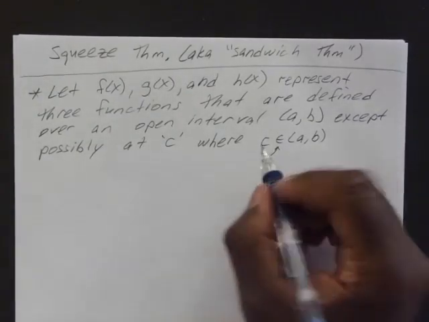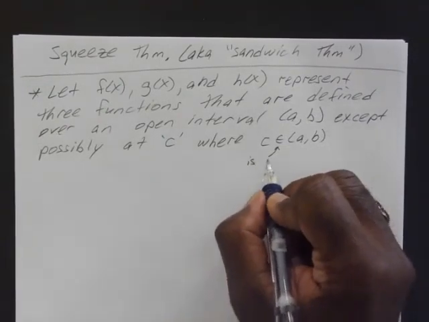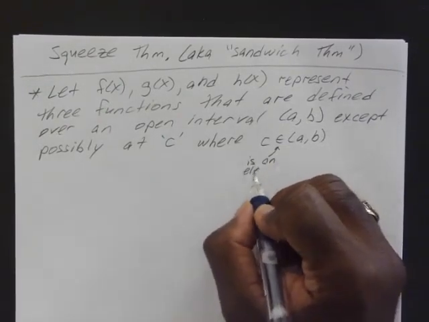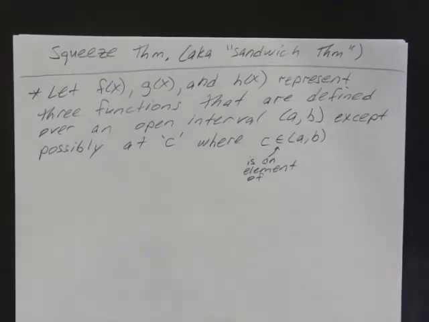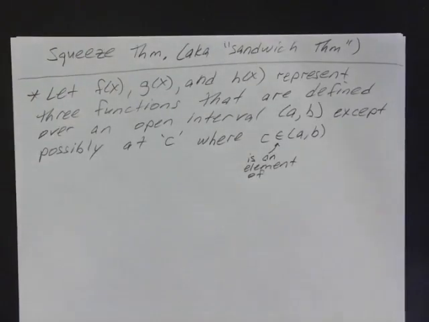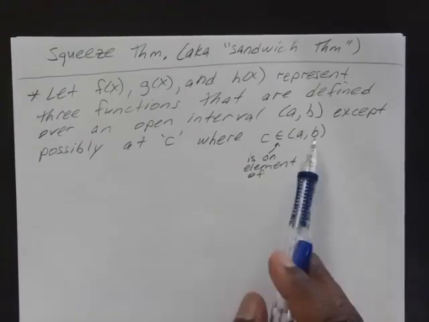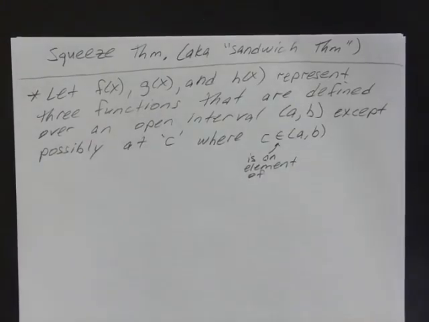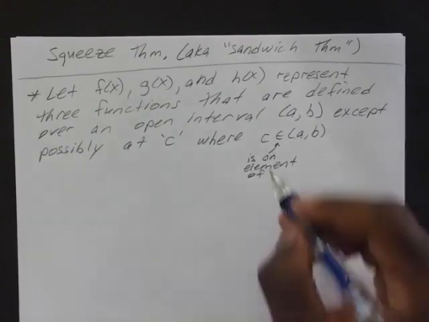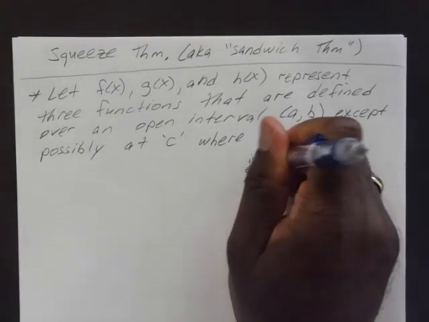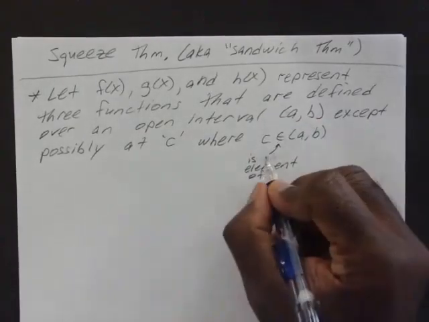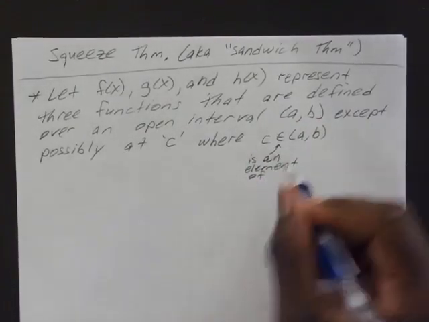So you see that symbol, it's like is an element of. So if you listed every value between a and b, c is in there somewhere. Make that a little clearer. There you go.